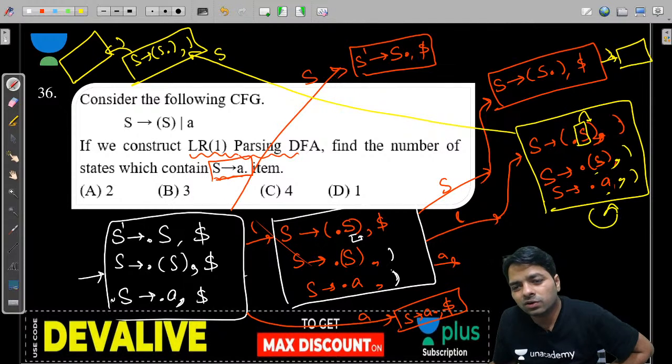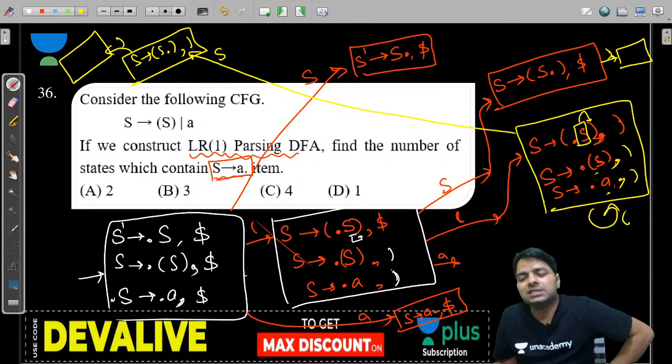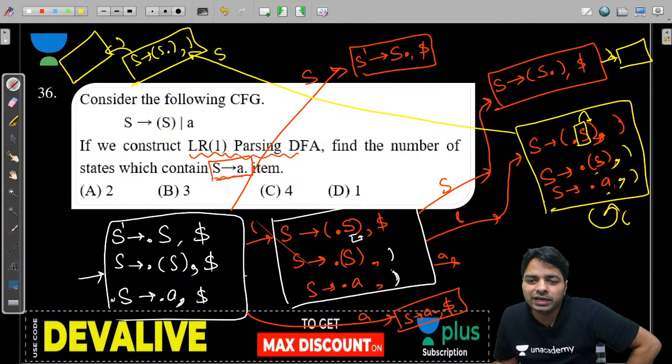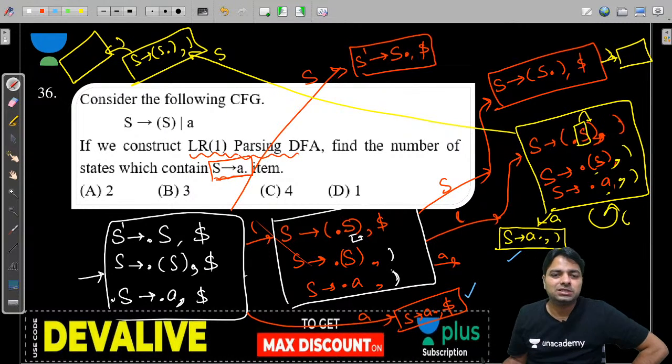There is no open parenthesis here, because you will get the closed parenthesis as the follower. And when you read A, now you have to look at S derives A dot. Now look, you have this one and this one. There are only 2 items where you have S derives A dot present.